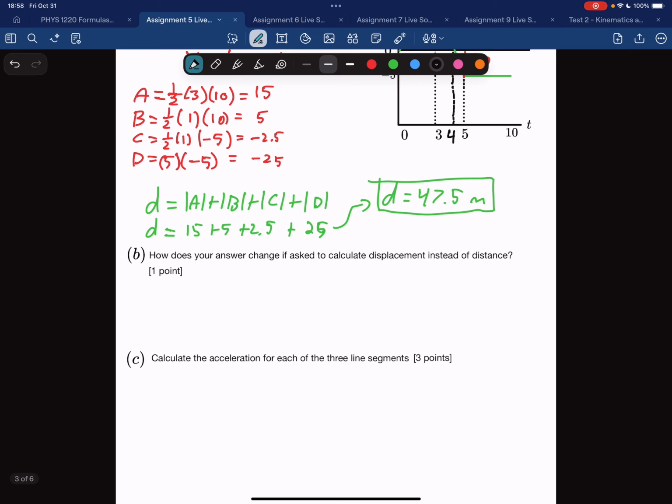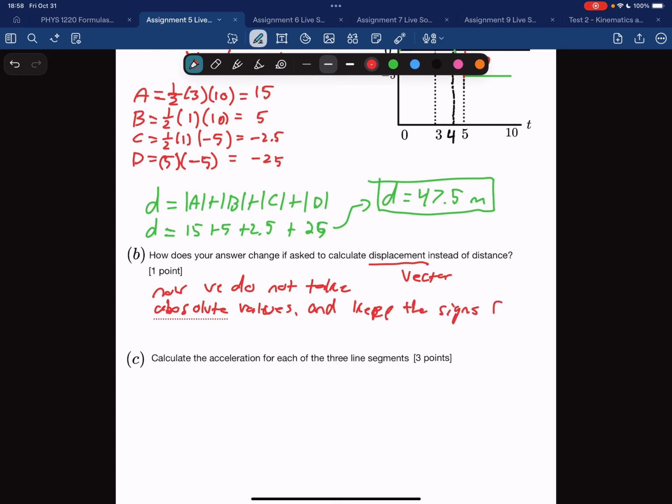Part B, how does your answer change if asked to calculate the displacement instead of distance? So now this is a vector. The answer changes by now we do not take absolute values and keep the signs for direction.